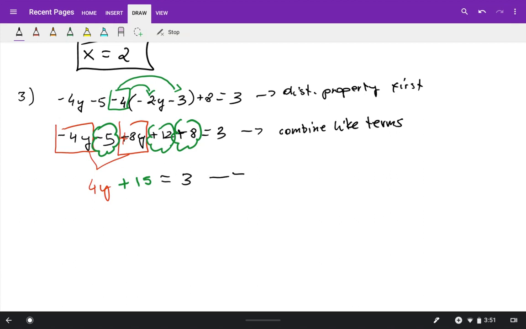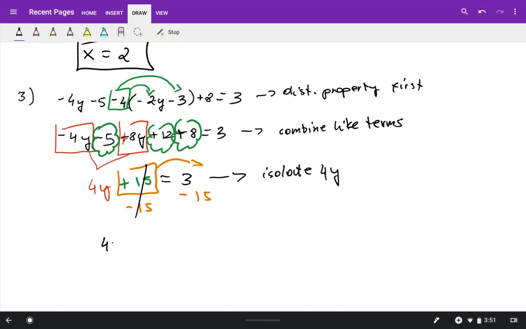Next, after combining like terms, we're going to isolate y, because you want to solve the equation for y. So you see positive 15, that means that positive 15 needs to be moved to the other side. So use the opposite of positive 15, which is negative 15. So we're subtracting 15 from both sides of the equation. Here we're getting 0.